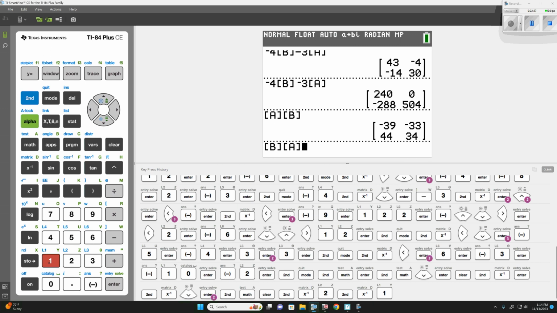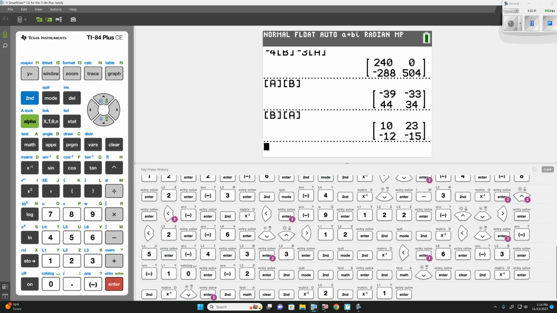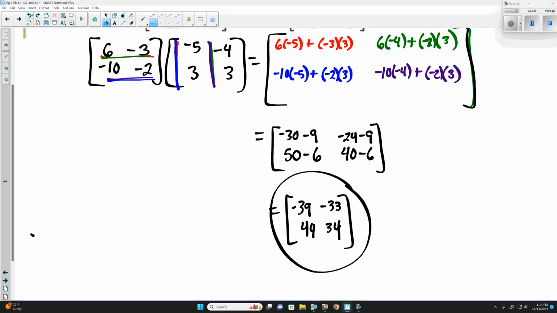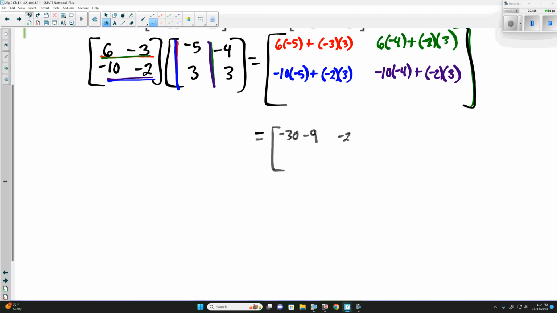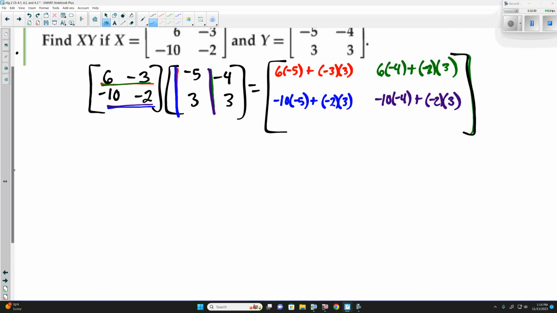What do we think this is going to be? Multiplication with matrices does not work both ways because we get different values. So when we multiplied, we got these multiplications here.